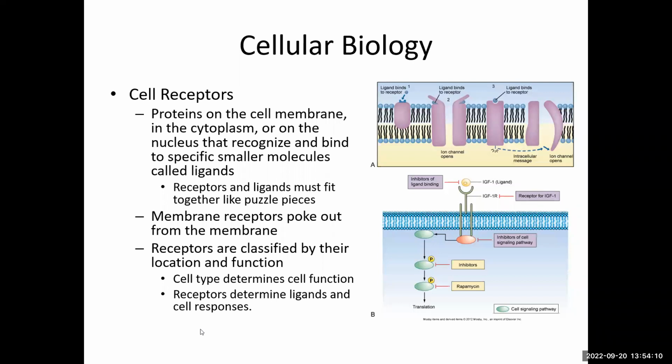So for instance, if I have a sodium receptor, that sodium ion is going to bind to that receptor. It's going to cause something to happen in that receptor that's going to change that receptor, which will then activate a function within the cell. So our receptors, our ligands, and the responses are all inextricably linked.